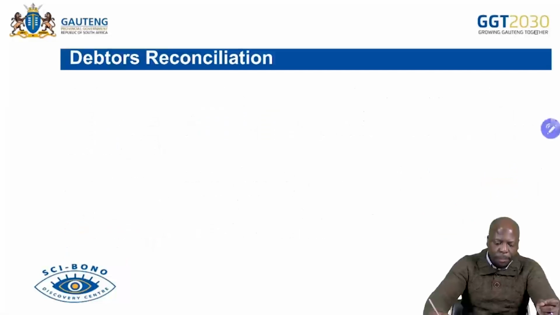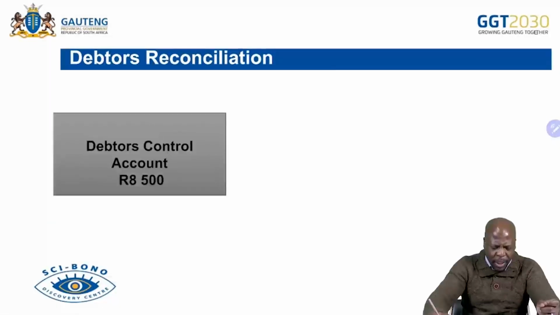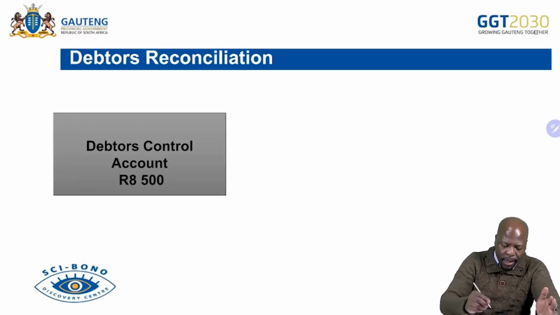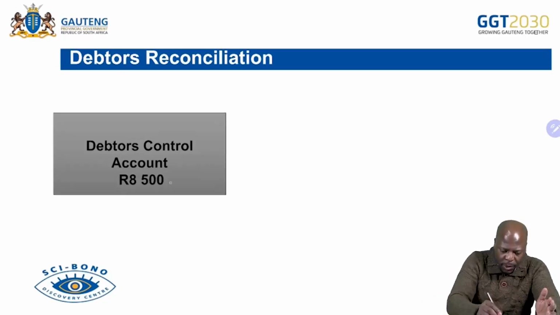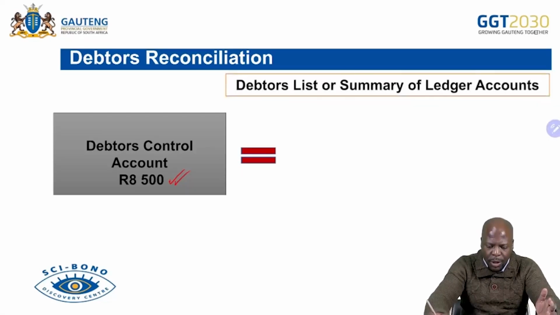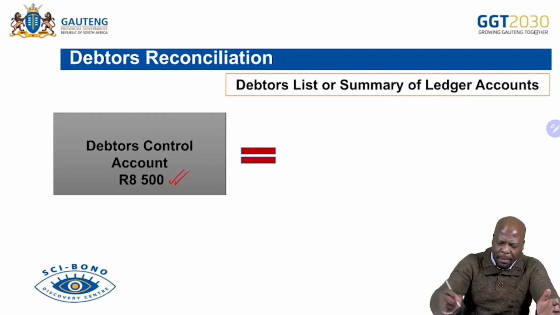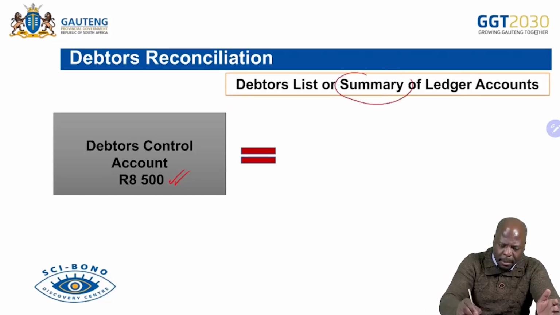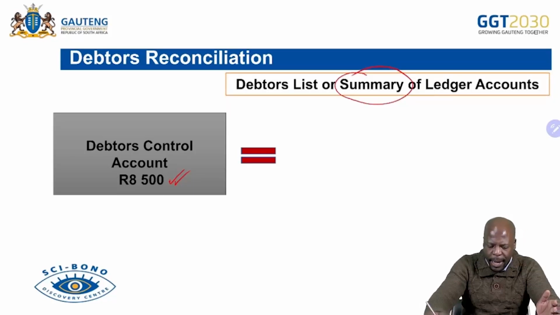All right. Now, it is very important that you understand that if your debtors control account has a total of 8,500, remember, this is what we have in the debtors control account, it should then speak to your debtors list. Your debtors list becomes the summary of the ledger accounts.